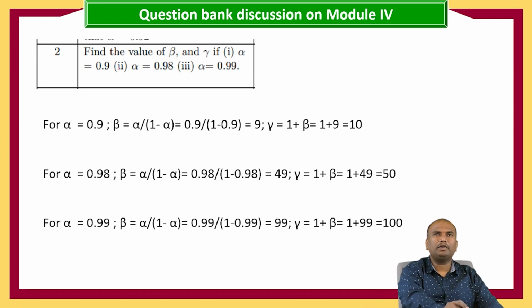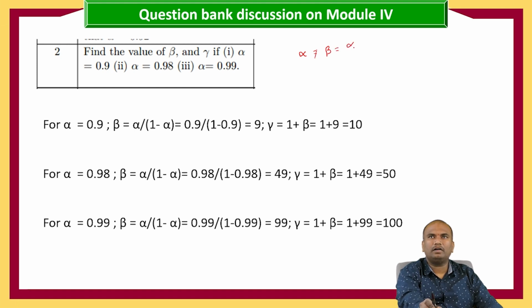Now the second problem: find the values of beta and gamma if alpha is 0.9, 0.98 and 0.99. Here is the relation between alpha, beta and gamma. If we know alpha, beta is equal to alpha by 1 minus alpha.